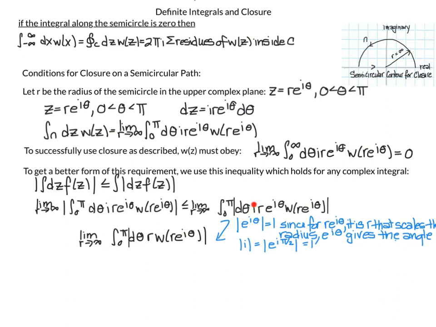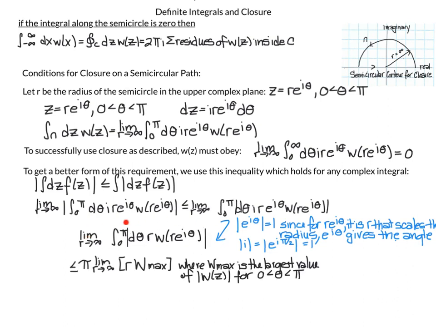That cancels these two out of the expression, so I can update this to the limit as r approaches infinity, integral from 0 to pi, absolute value, d theta. I'm left with my r and my function w of r e to the i theta. This next step, I'm going to remind you, is not an equality from here to here.